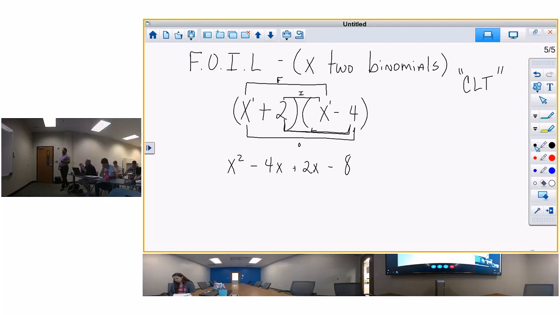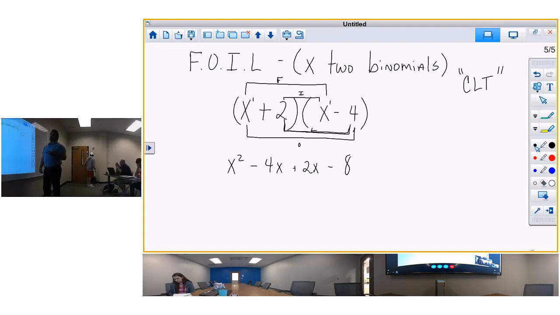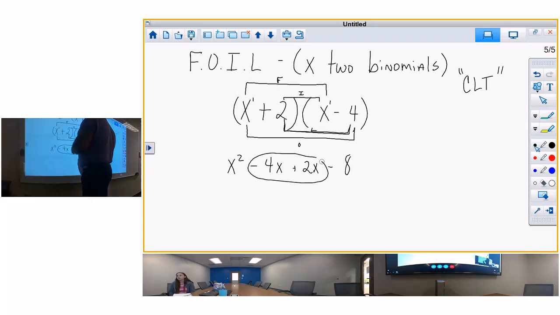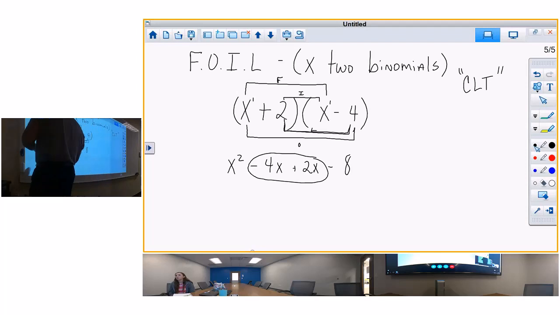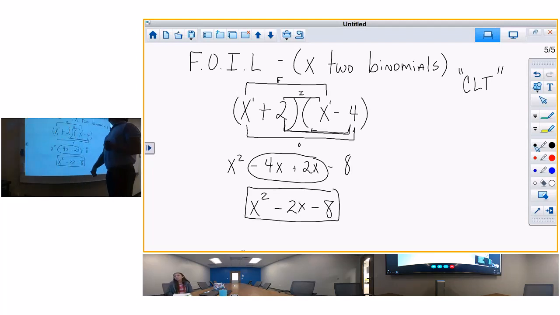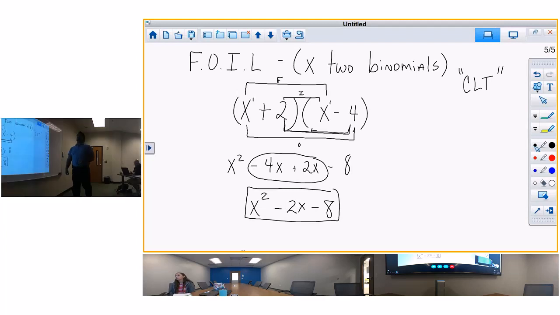So you need to write that down, because every time you use distributive law or FOIL, 95% of the time you're going to combine like terms right after. X squared minus 2x minus 8. And all this should be like, oh yeah, I remember doing that.